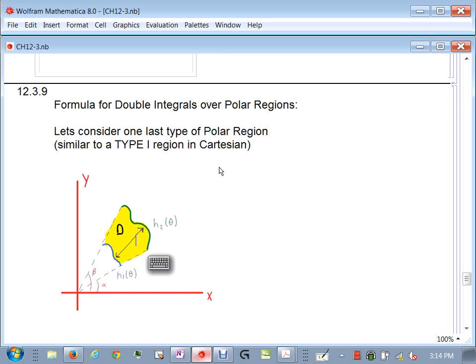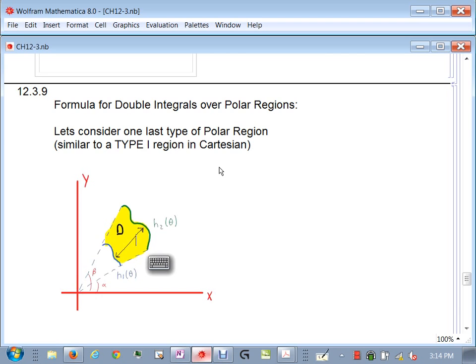But what if our theta is trapped between two constants, but our radius is trapped between two functions of theta? So instead of our radius having to be on this arc and on this arc, that radius may vary depending on what the angle is. So do y'all see how this is like a type 1 Cartesian?